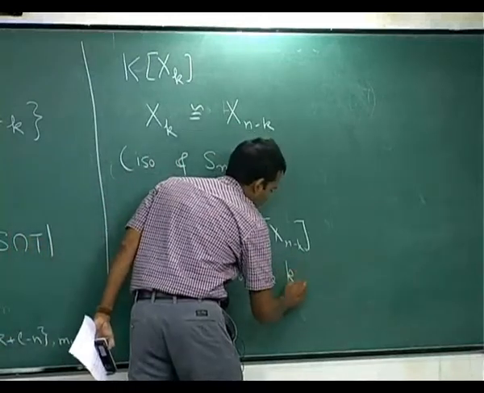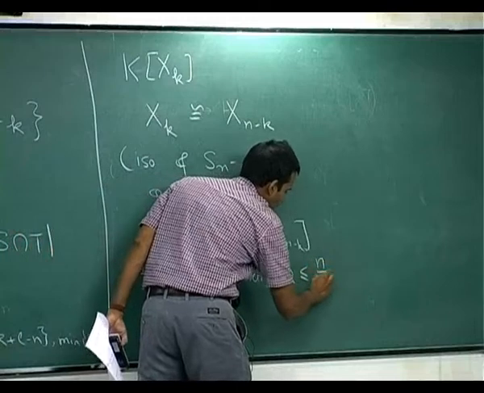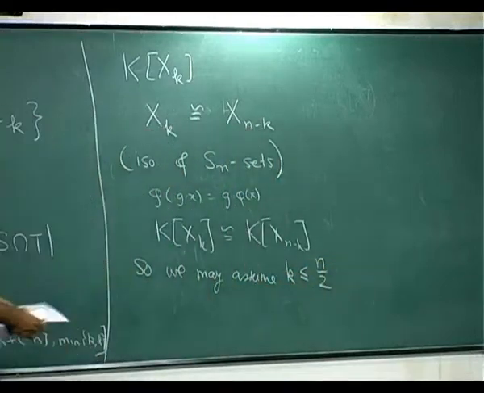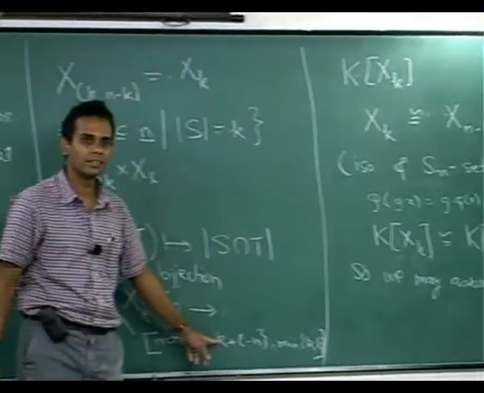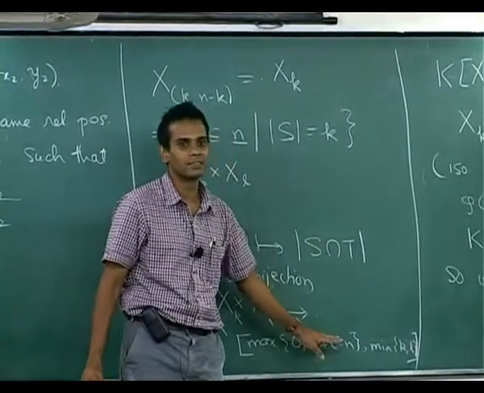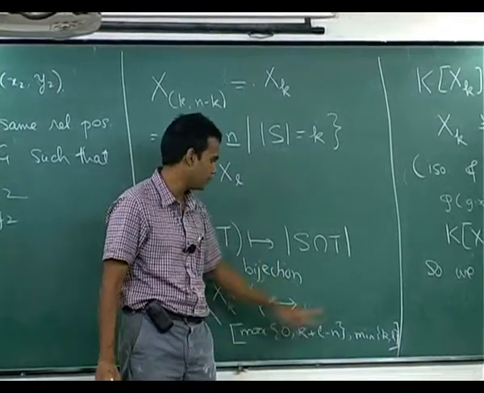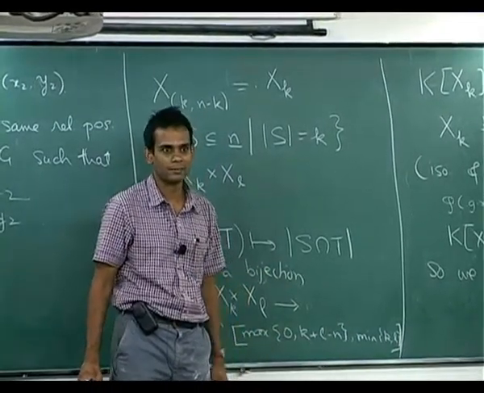that k is less than or equal to n by 2, and thank God, because if k is less than or equal to n by 2 and L is also less than or equal to n by 2, then this nastiness doesn't appear. So then you're just going from 0 to the minimum of kL, right?